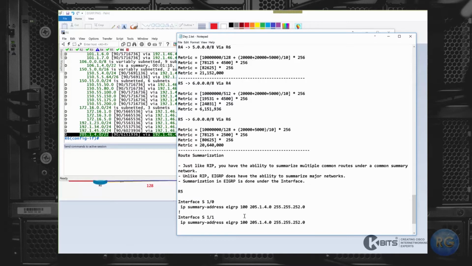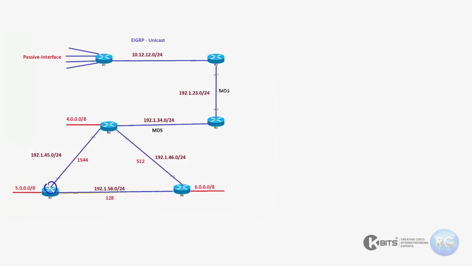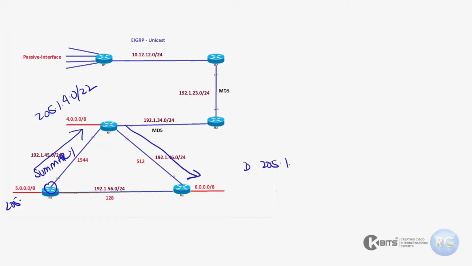See what happens is, let's say I summarized it on this interface. I put the summary command on this interface for the 205 networks. So what am I sending over here? 205.1.4.0/22. He's going to send it over here as EIGRP 205.1.4.0/22 with the 6 million as its metric.